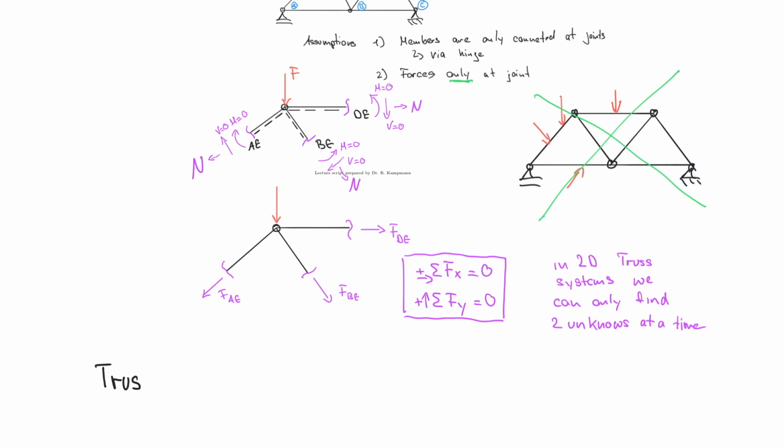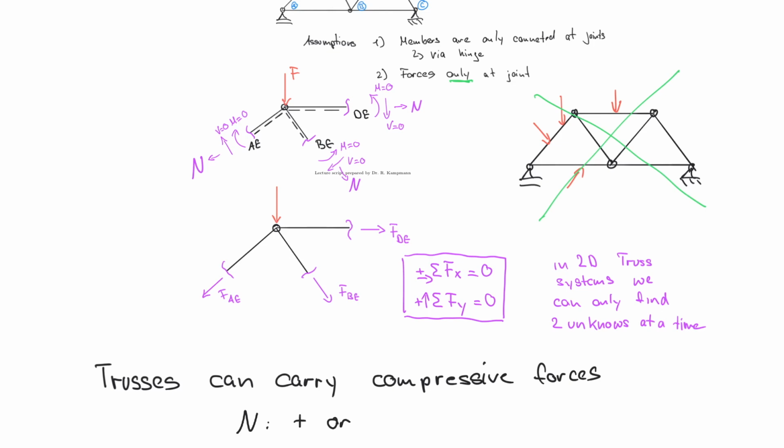Trusses can carry compression forces or compressive forces. So therefore, I can now find n with positive or negative results. And that is different from our cable structures we had before.